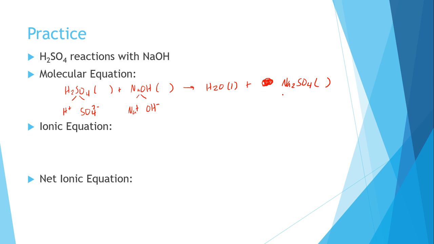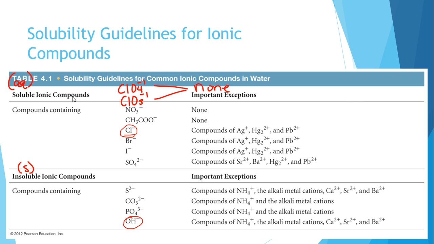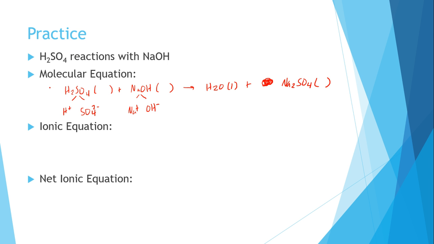And I don't know what that is. From there, you can go and see if it's going to be aqueous or not. So we need to check my SO4s and see if hydrogen and sodium are exceptions. So SO4, hydrogen and sodium are not part of mine, so they're going to stay AQ.